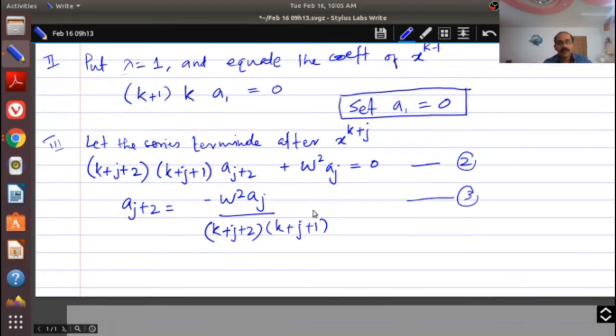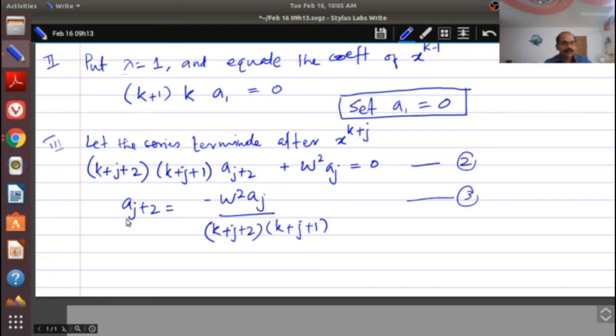Okay. First of all, we can say that no matter what you do, we have assumed a1 equal to 0. So if you put j equal to 1 in this equation, a1 is 0, so a3 is 0. If you put j equal to 3, it tells you that the j plus 2 term is 0.